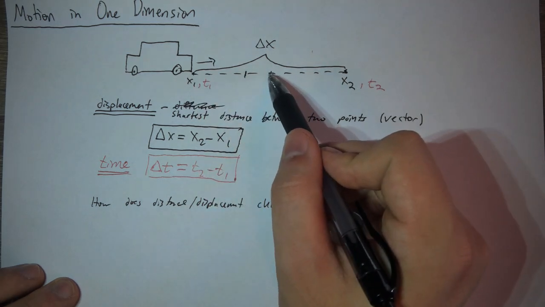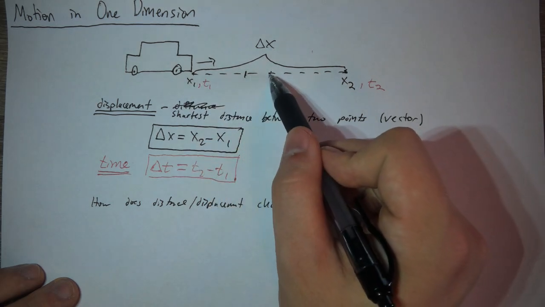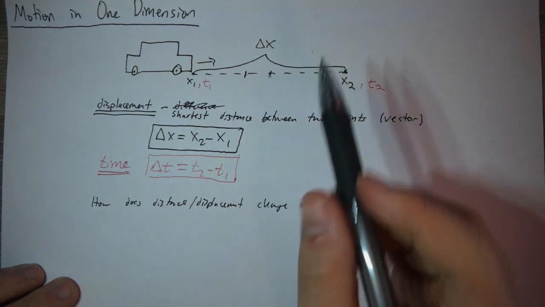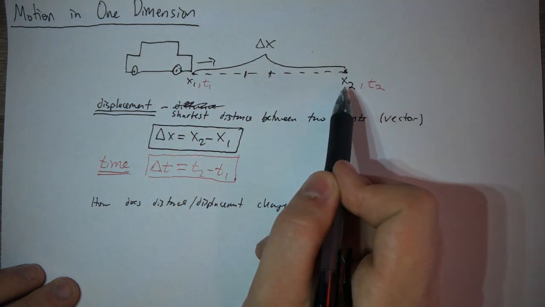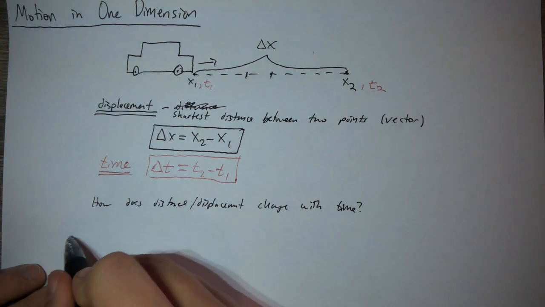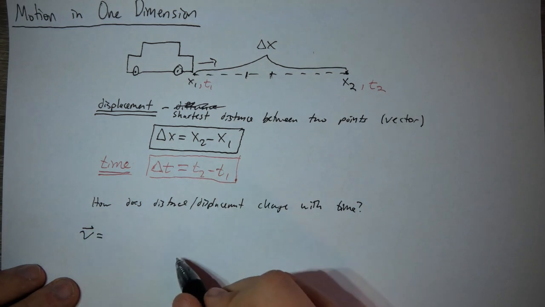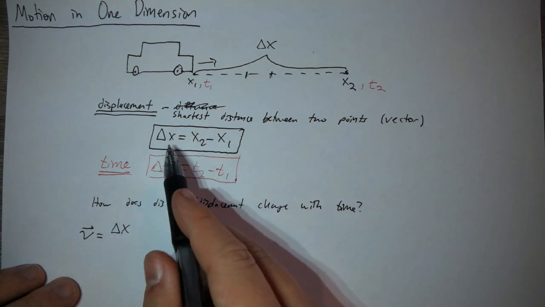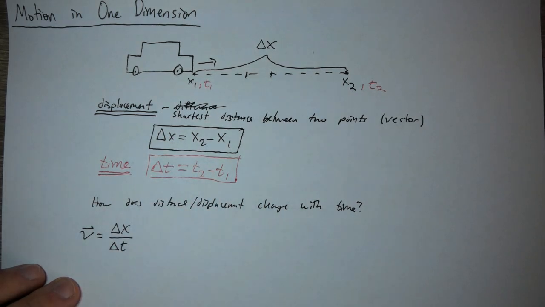What about this point? We can figure out how fast it takes us to get to a certain point. And why don't we ask ourselves how far it takes to get from x1 to x2? Well, that looks like this, and it is given by a quantity called velocity, which is our position divided by our change in time.